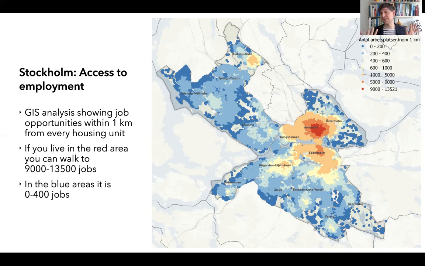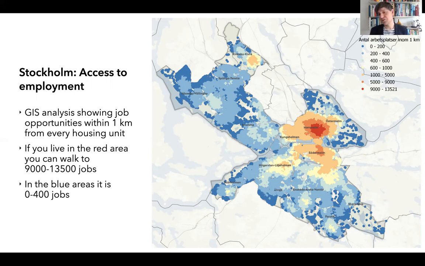It doesn't mean that these positions are vacant. It just means that it's a job that maybe will be vacant or that there are offices and job opportunities in your neighborhood. So the difference is from the red area where you might find as much as 13,000 job opportunities, and if you look at the dark blue area, it's actually less than 200.